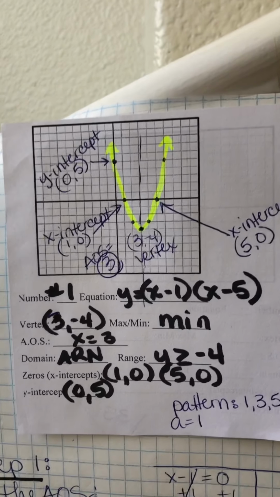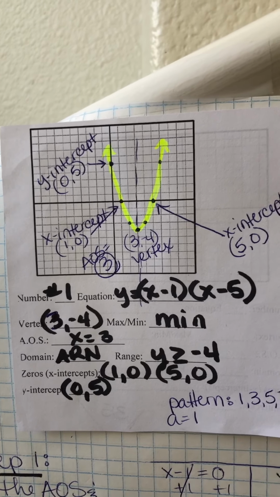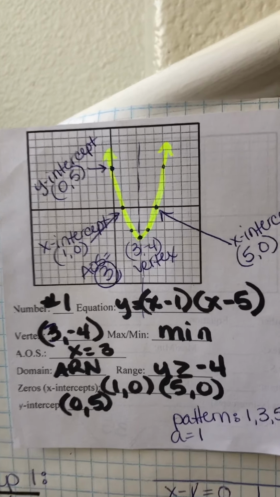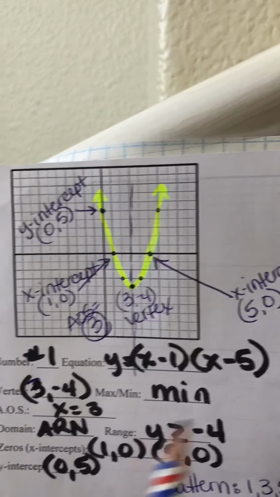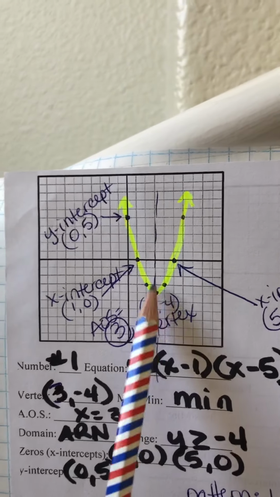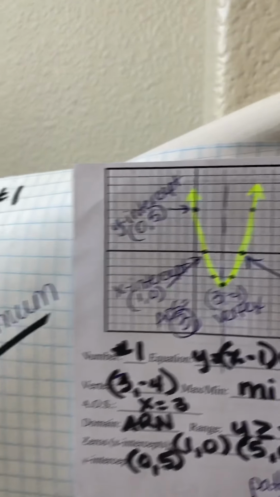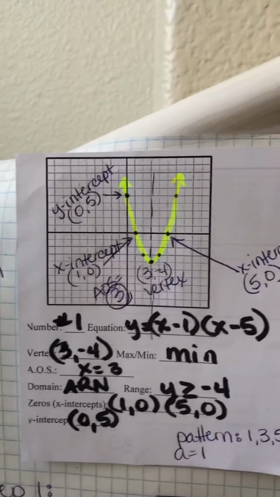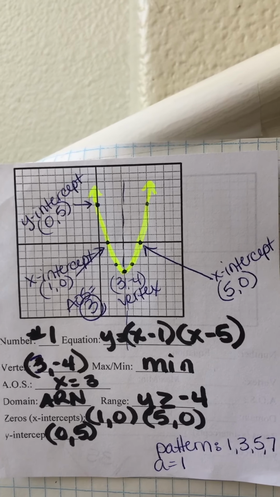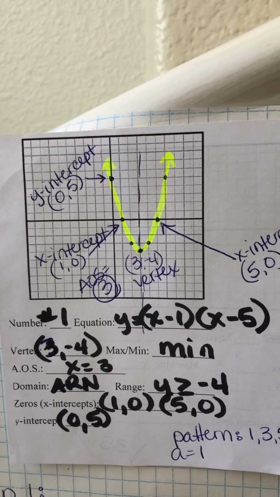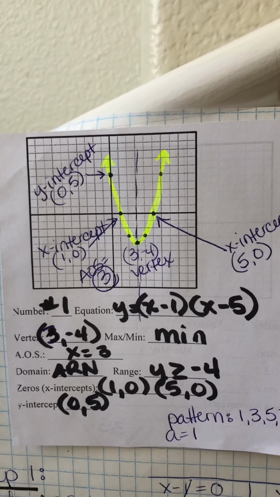So let's look. What do we have so far? We also know that since we went up, because it was not a negative, we have a minimum vertex there. So your domain is all real numbers.